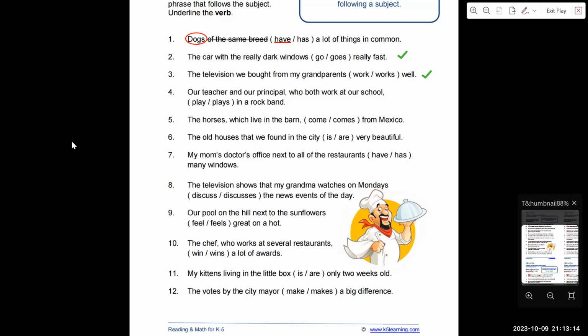The sentence is a little bit long, not just a simple sentence. Some students here in the Philippines, and in other countries too, thought that grandparents is the subject, and they will answer like work. The important thing is you should know what the correct subject is. Grandparents is not it; it should be television. That's why your answer is correct.